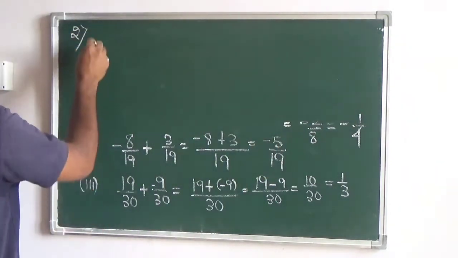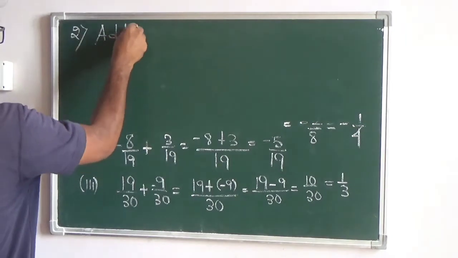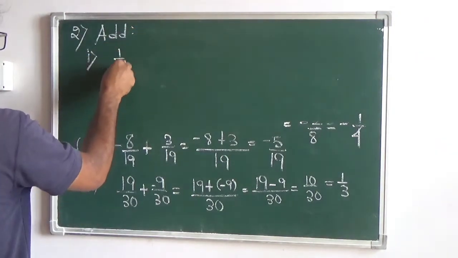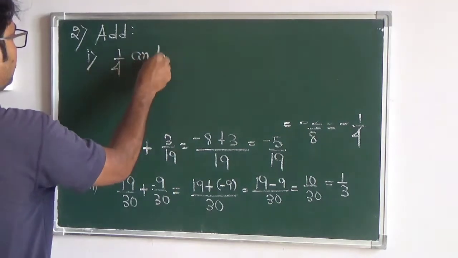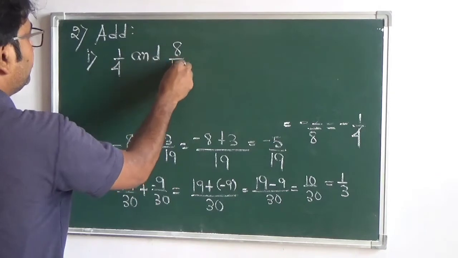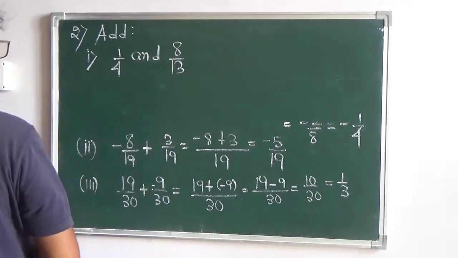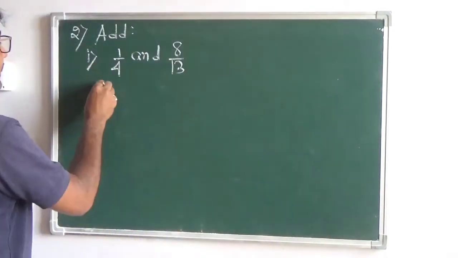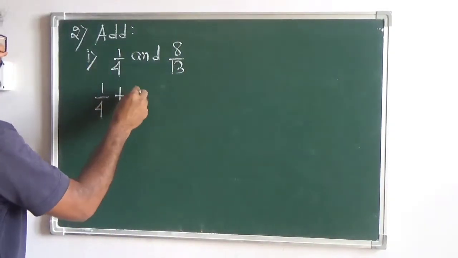Question number 2 is add. The first part: 1 by 4 and 8 by 13. So tell me, what will be the LCM of 4 and 13?